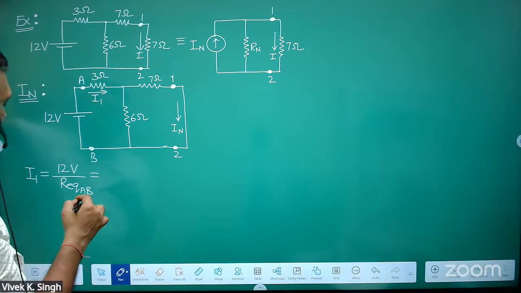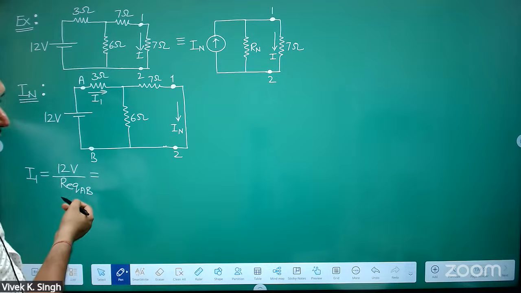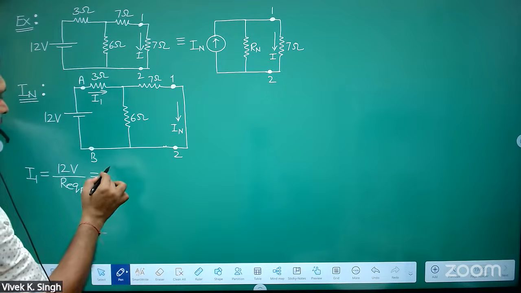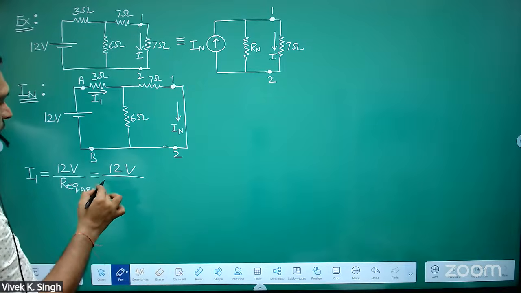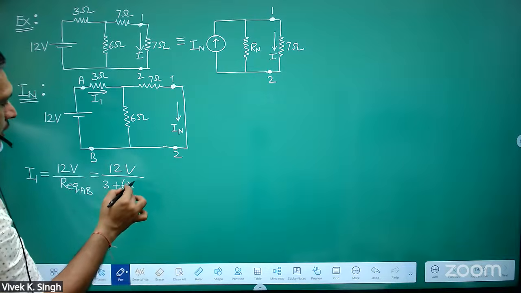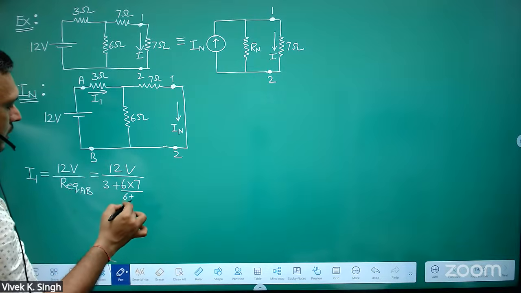And this equivalent is, these two are in parallel. So this is 3 plus 6 into 7 by 6 plus 7.